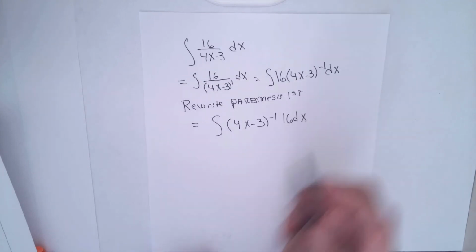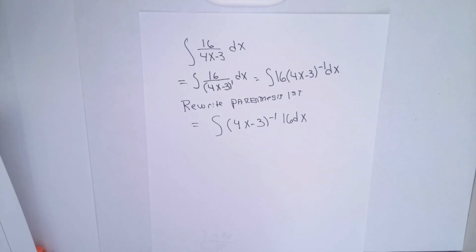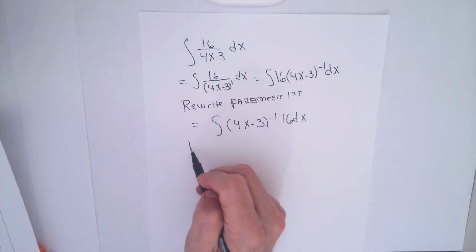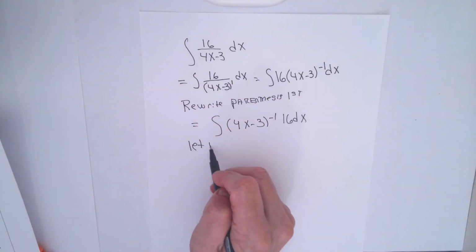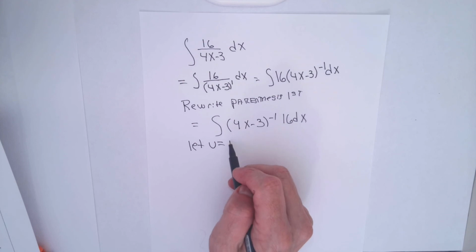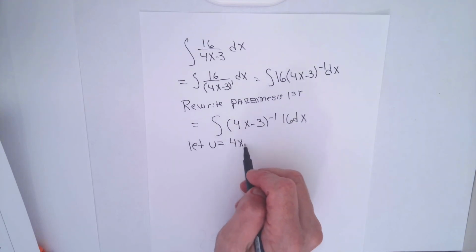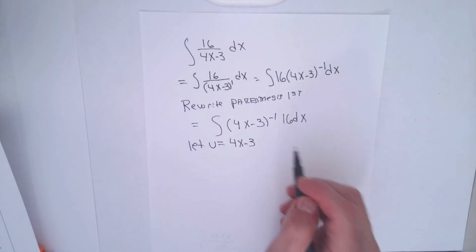There's my rewrite. So there's only 2 choices for u's. If I have an e problem, the u is the exponent of the e. If I have a parentheses with an exponent, the u is the parentheses with the exponent. So what am I going to do? I'm going to let u be the inside of the parentheses, with the exponent.